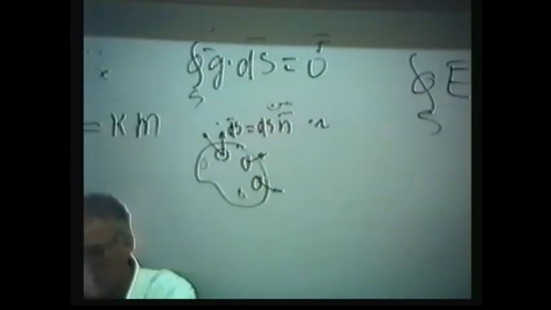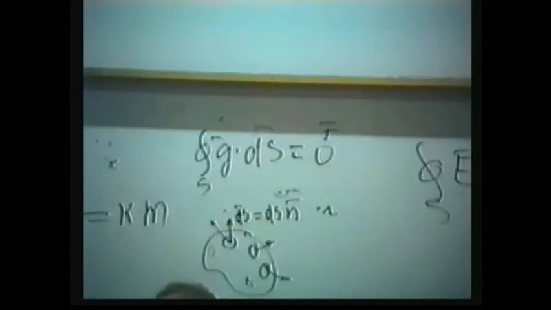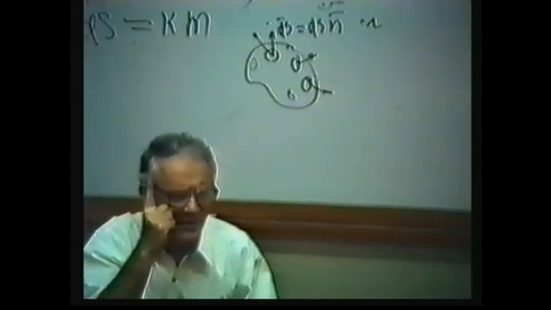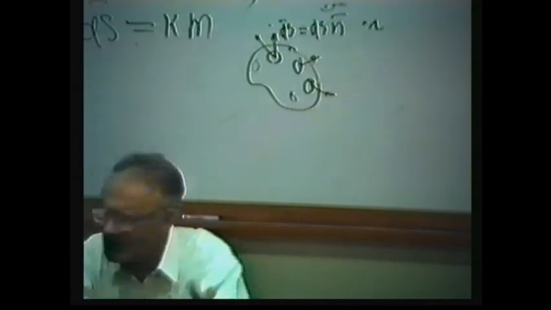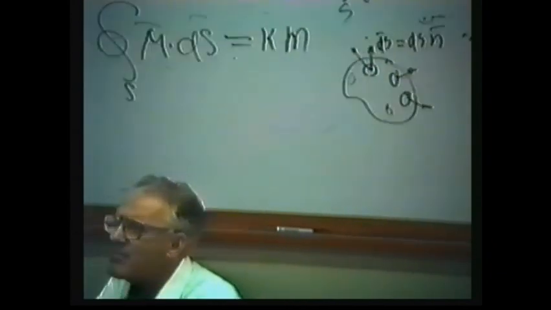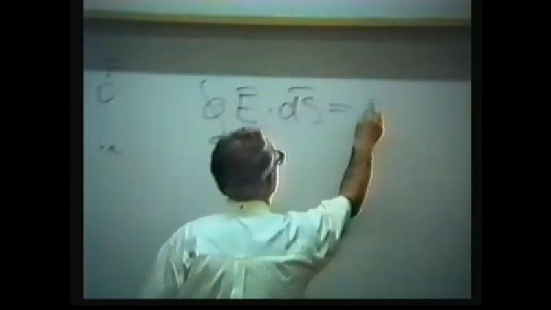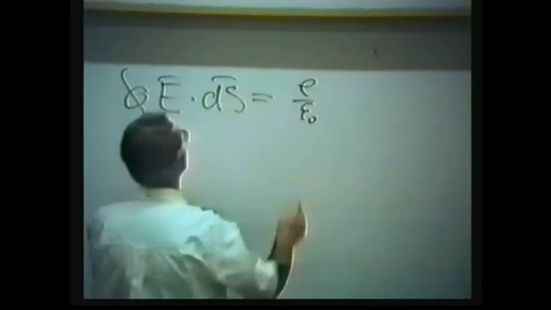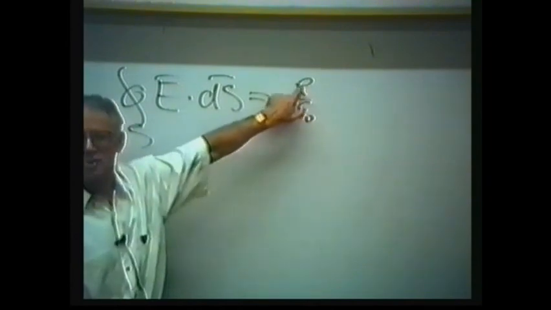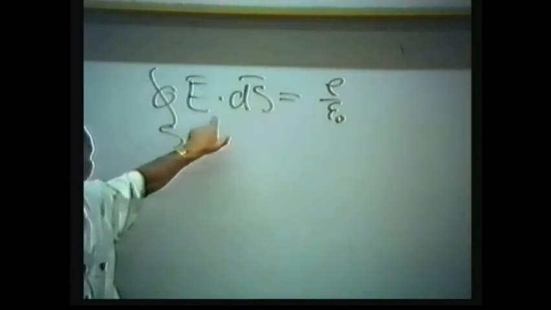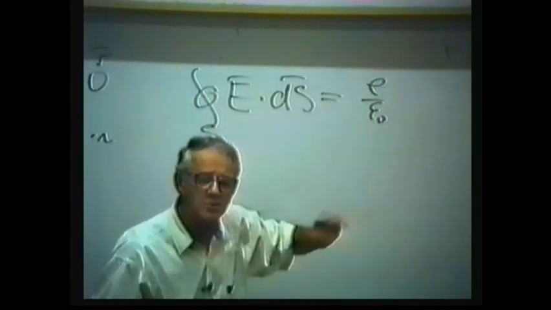If I have a charge here, it will give you the total amount. So, amazing thing. Surface arbitrary, you don't care about shape, you don't care about the value of the field, but it's a beautiful indicator. So it's a bridge. For example, for the electrical field, it's a bridge between sources and field. This equation is the bridge.